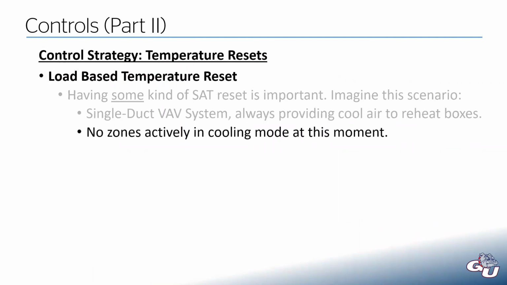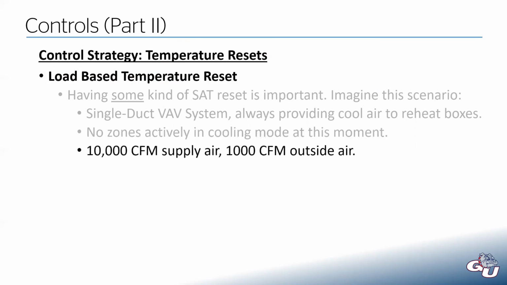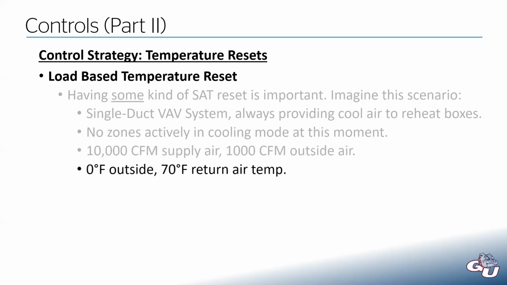But let's say none of our zones are actively in cooling mode right now. Let's say we are moving 10,000 CFM of supply air with 1,000 CFM of outside air, and it's a really cold day outside, 0 degrees Fahrenheit, 70-degree return air temperature.